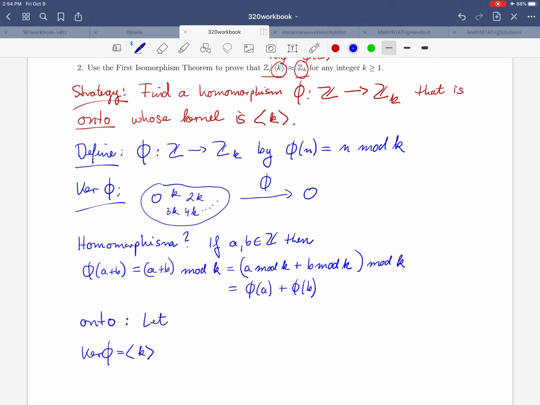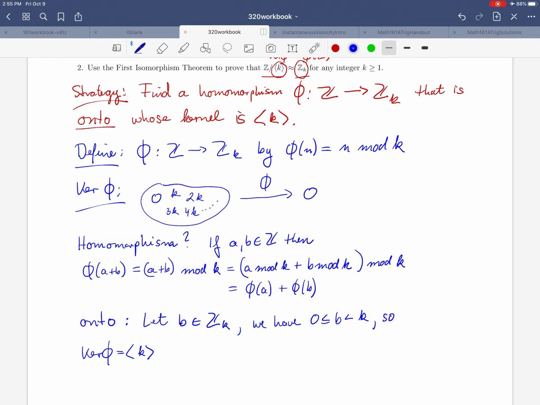Okay, well, is it onto? Let's see. Let's take something in the image. Let B be in Z_K. Then how big can B be? It can be 0, it can be 1, it can be 2, all the way up to, well, not K anymore. K minus 1 is the biggest that it can possibly be. So we have that 0 is less or equal to B and strictly less than K. And so can you find something that maps to B?